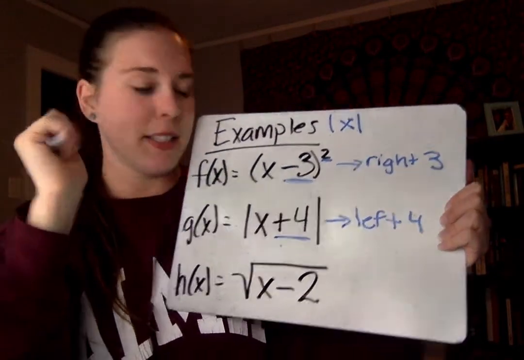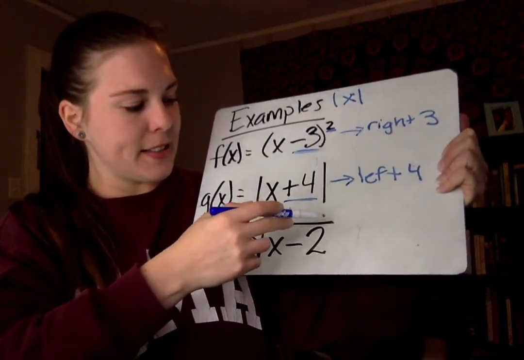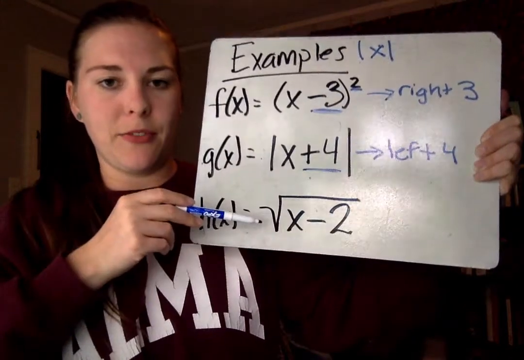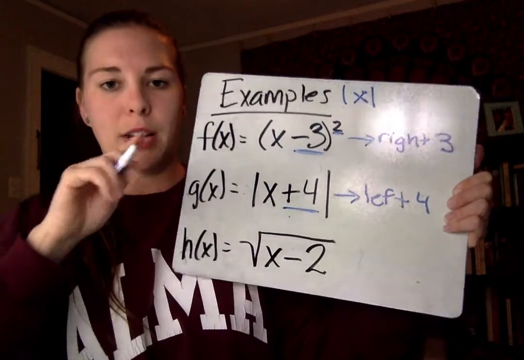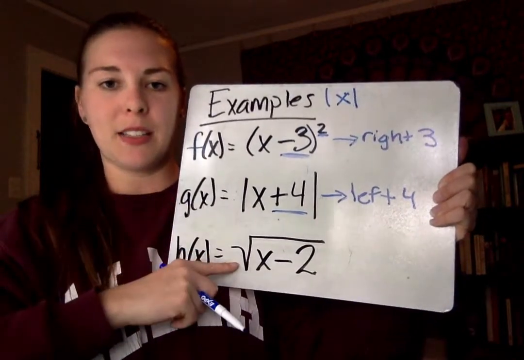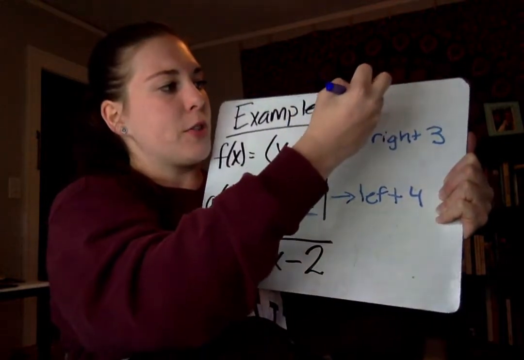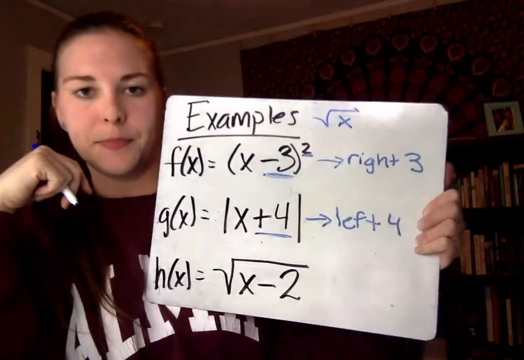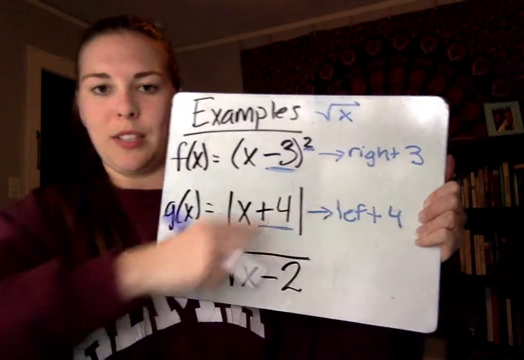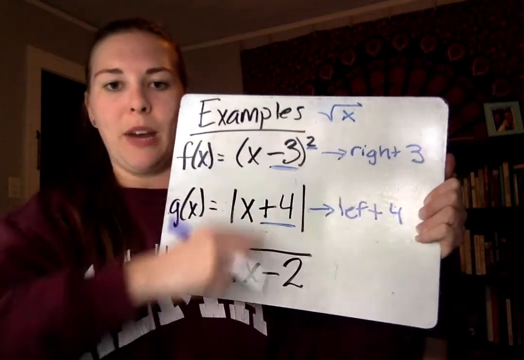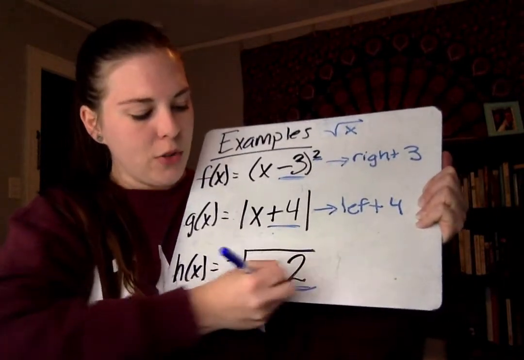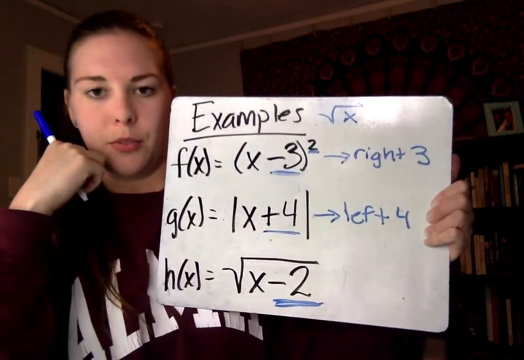Okay, last but not least, here we have our last example. I have a parent function. This is not quadratic or absolute value. Instead, I see the square root sign. That means it's a radical function. And a radical function, its original parent looks like that. However, these two things do not look the same. We now have the -2 also under the square root.